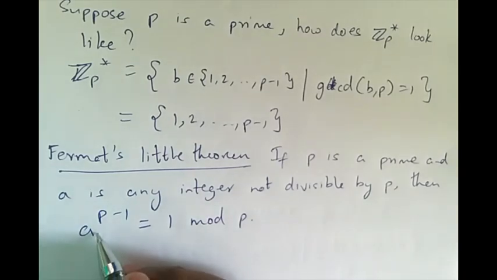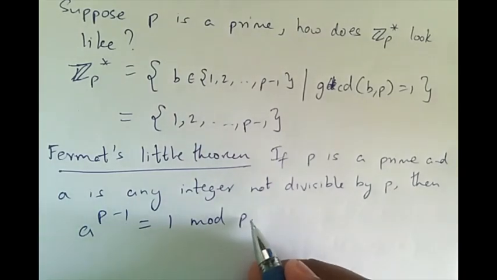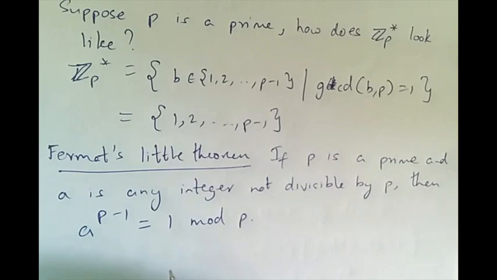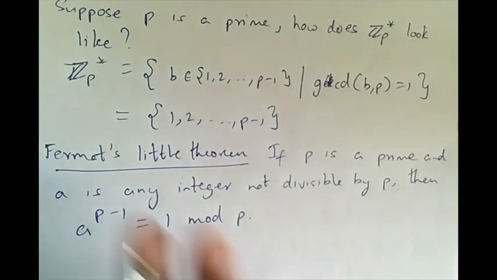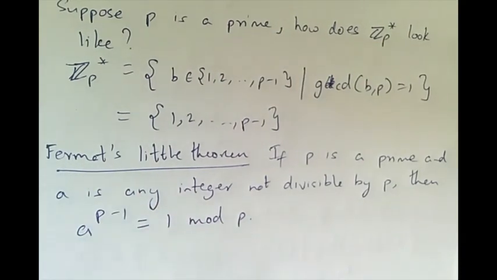So if you calculate a to the p minus 1 and you divide by p, the remainder is going to be 1. Okay. So we want to prove this using the fact that Zp star is a group of this form.